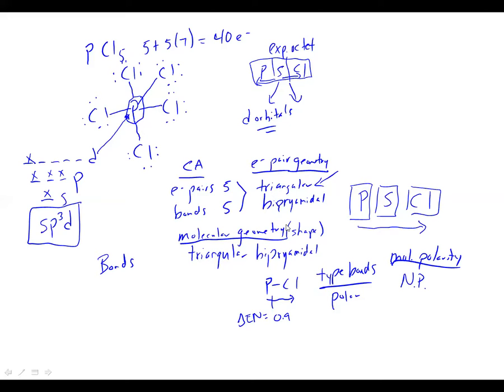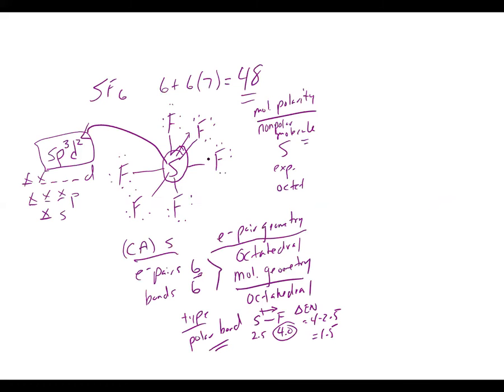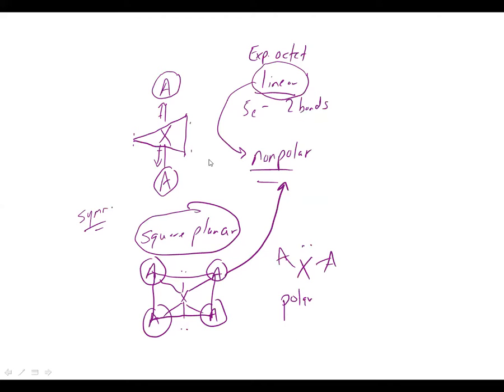For example, if you look at the difference in electronegativity between the carbon-hydrogen bond, carbon is 2.5 and hydrogen is 2.1. So when you take the difference in electronegativity, 2.5 minus 2.1 gives you that 0.4. So that technically is still considered a nonpolar bond.